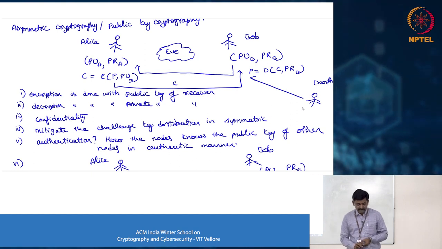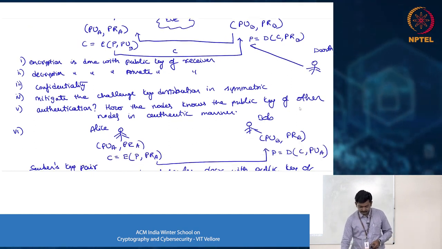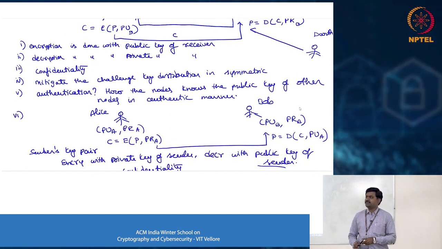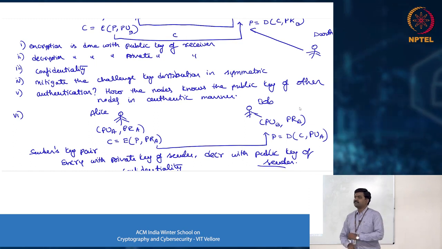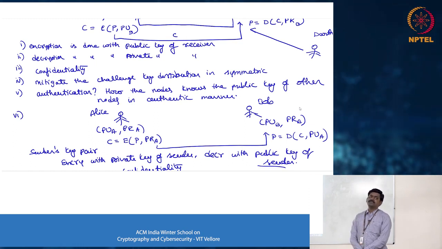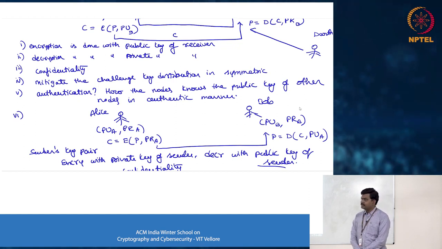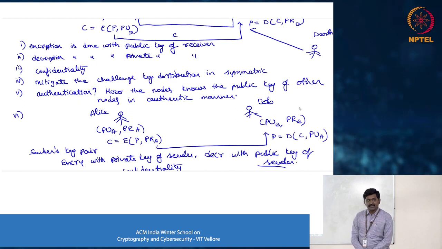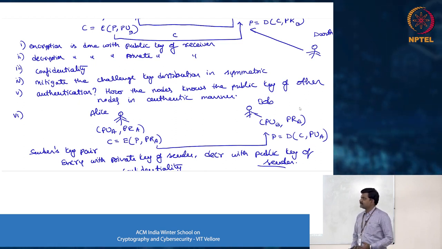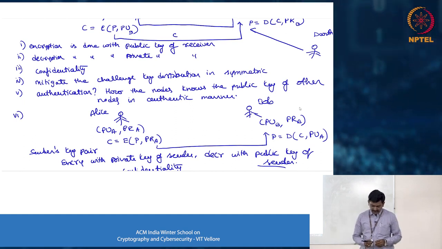Now look at the second scenario. In order to decrypt the message, what does Bob need? The public key of Alice. Now Bob understands who sent the message. That is called authentication.